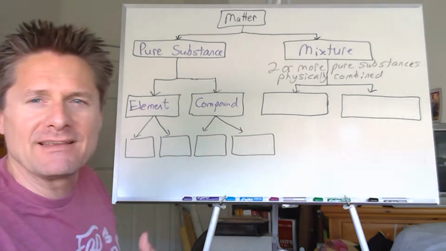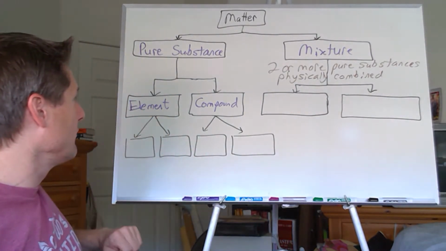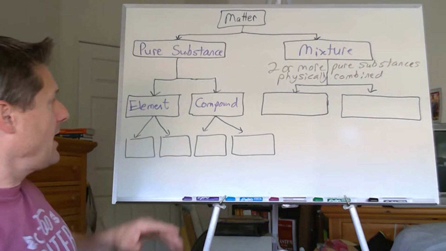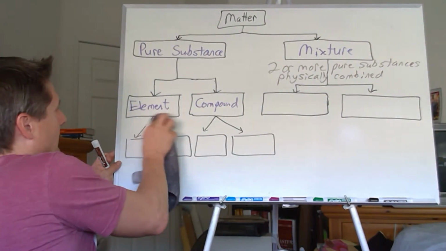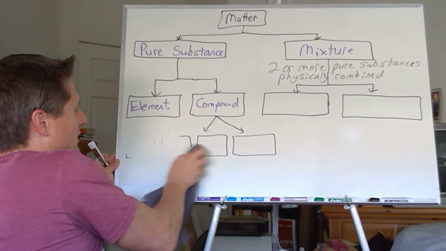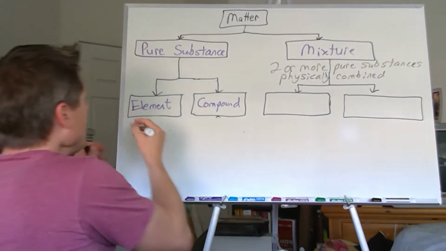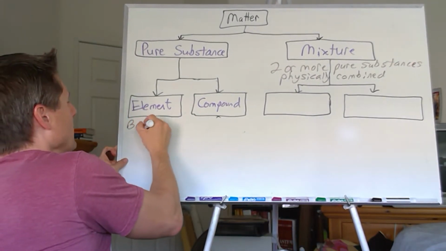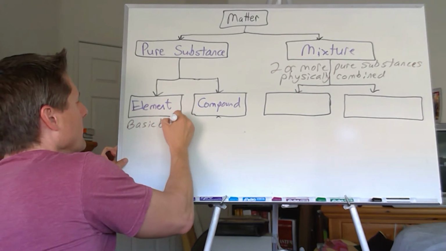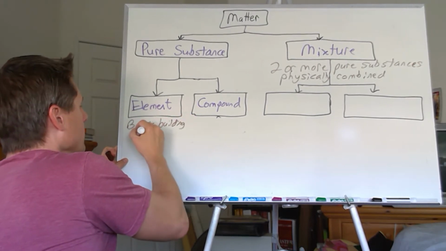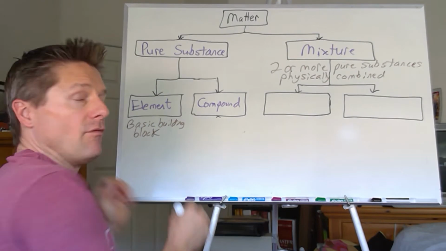So think of the element as the basic building block. I didn't leave a lot of room there. And a compound, actually, I'm going to make a little more room to put a definition there. So I'll pull those 4 boxes down a little bit. So let's call this the basic building block of all matter, right?